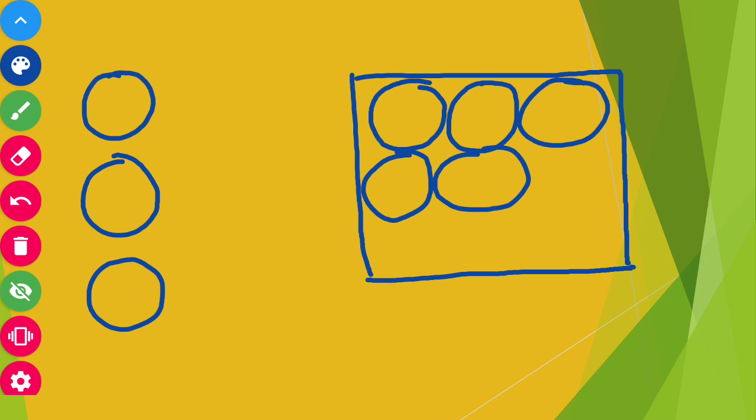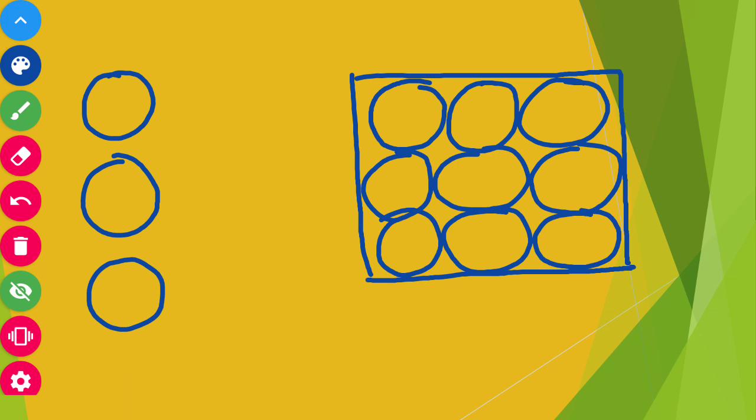I am taking 9 coins. I am placing these 9 coins here. Here I required 9 coins to cover this photo frame.